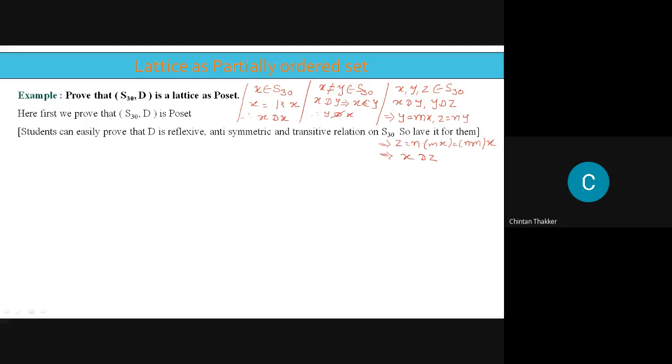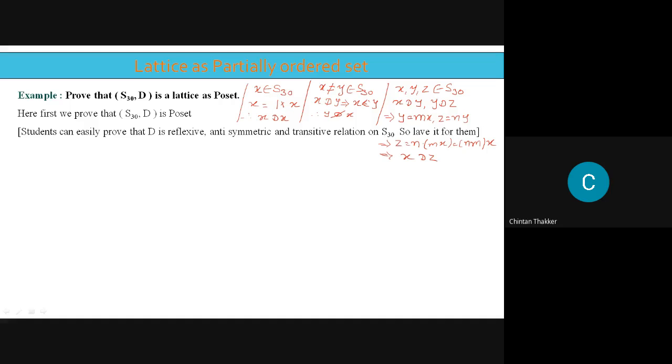Now we prove that it is a lattice. To prove it is a lattice, we have to prove that if we take any two elements from S30, then the LUB and GLB of those two elements also belong to S30.